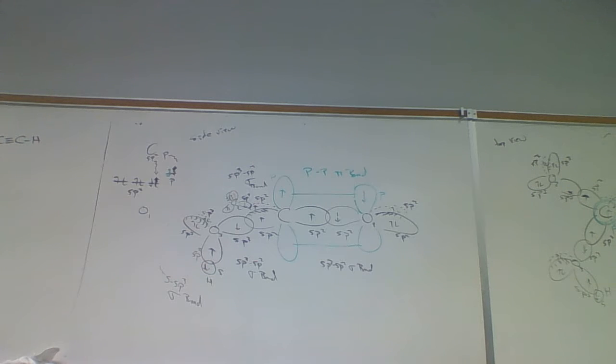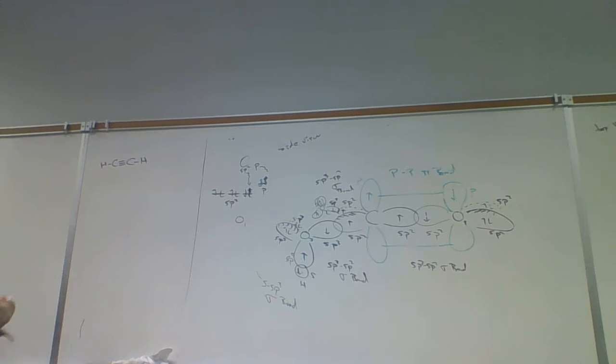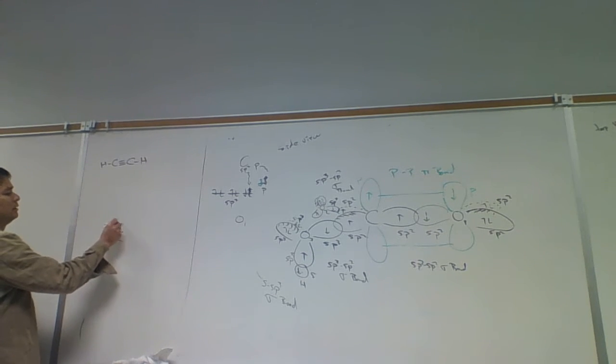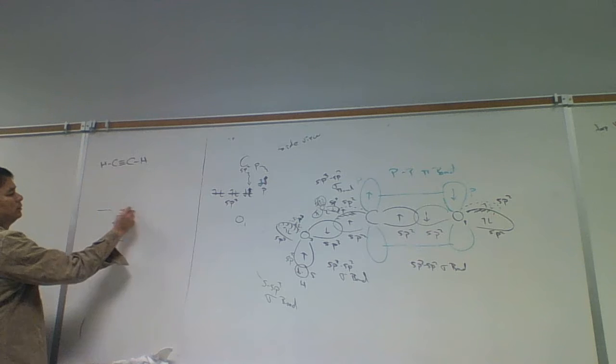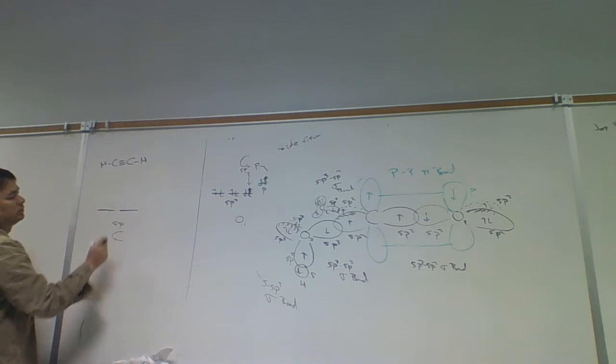So if you look at the acetylene, what's the hybridization on carbon in acetylene? sp. The carbon's sp hybridized. How many sp orbitals are there? 2. You know, when you have an s and a p, it's 2 orbitals. We're going to get 2 orbitals.